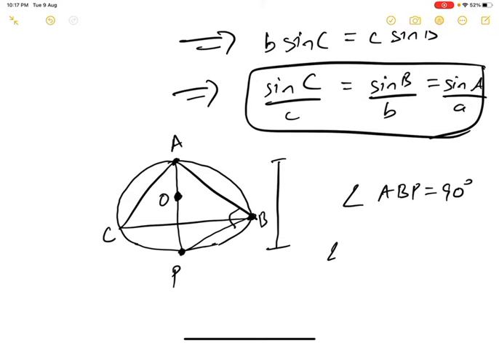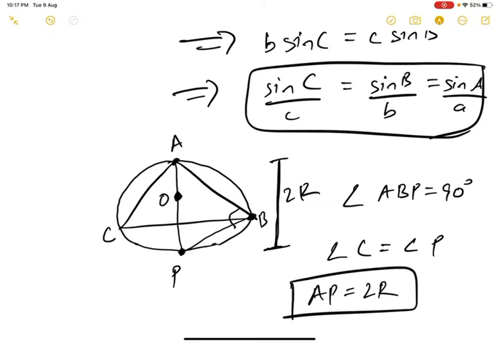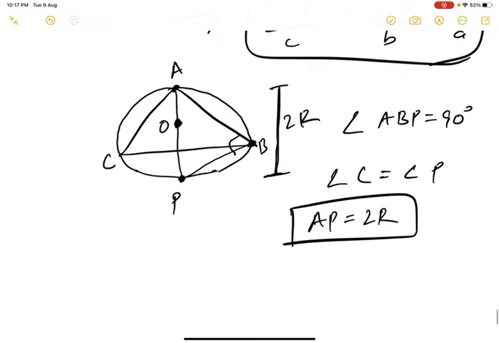Another thing that you will know from circle property is that angle C should be equal to angle P. And then this I told you is the diameter. Diameter is 2 times the radius of the circle. So we know that AP is equal to 2 times radius, because diameter is 2 times radius.